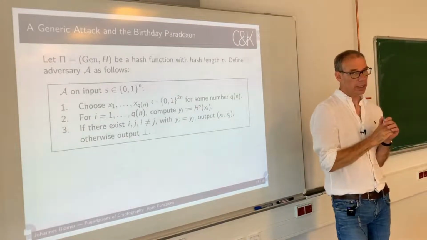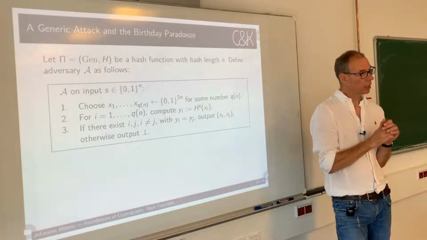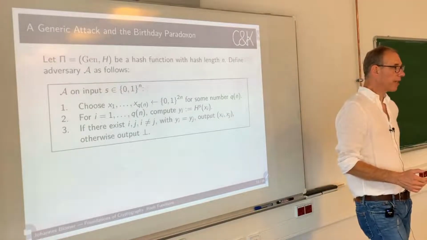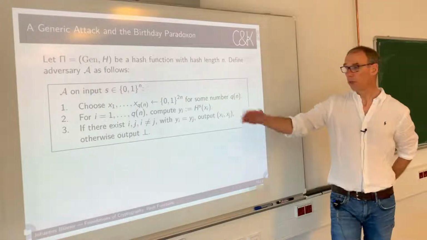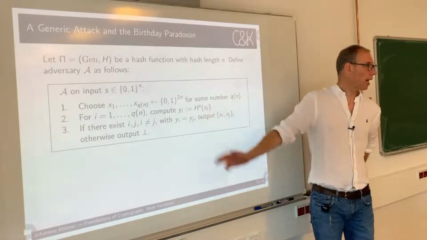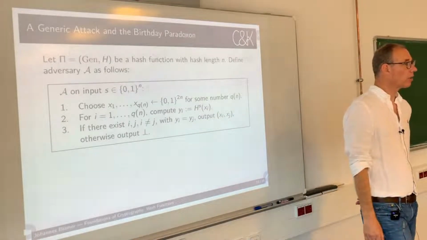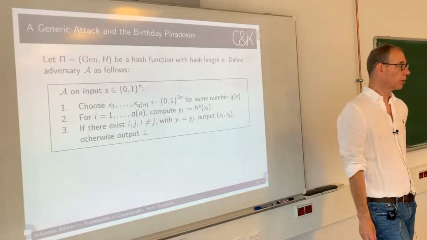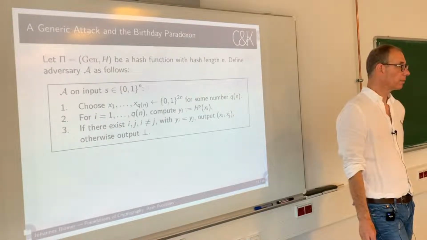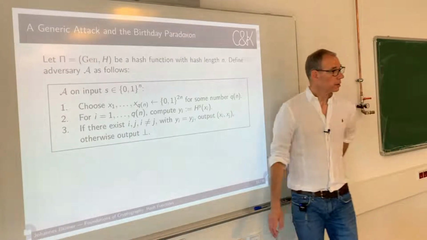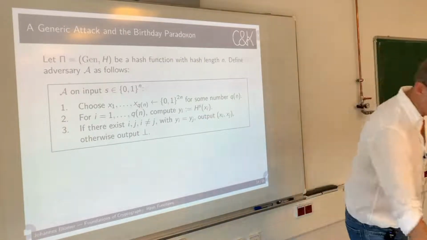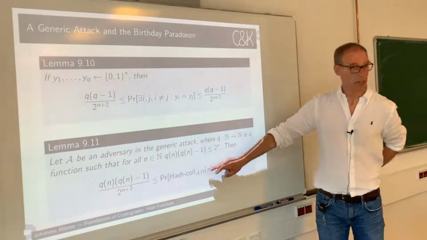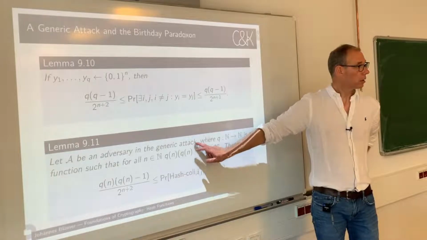But what we can show is that the probability for this algorithm is minimized if these things, the yi's, behave like independent uniform values. So this is justifying that we just apply this theorem here and then we get this here.